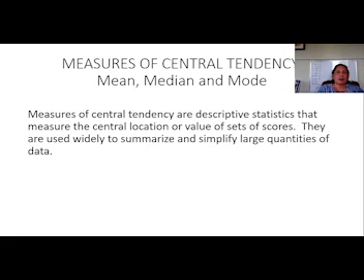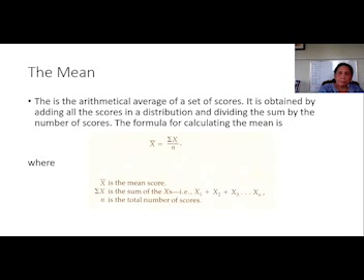You know? And one way to do that is to look at the concentration of the scores. Where do they concentrate? Where do they cluster? So we have the mean, median, and mode for this purpose.